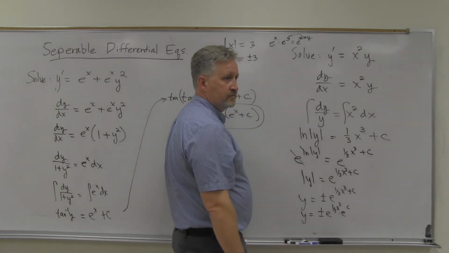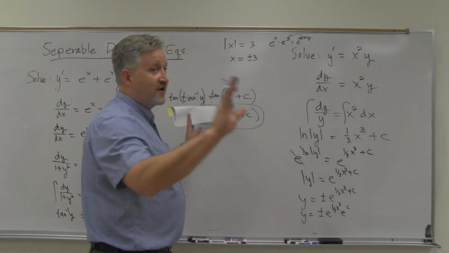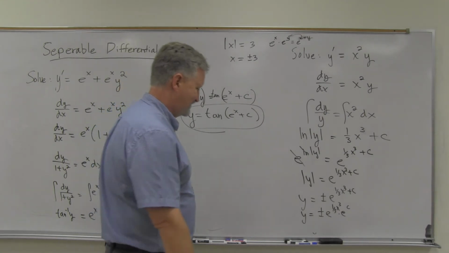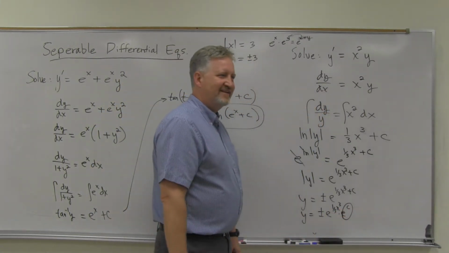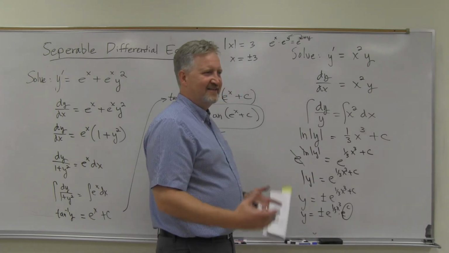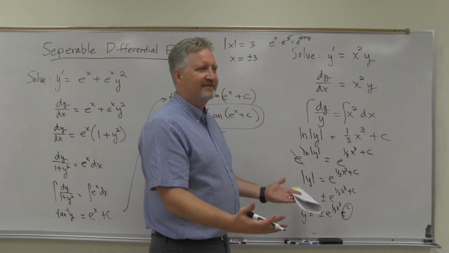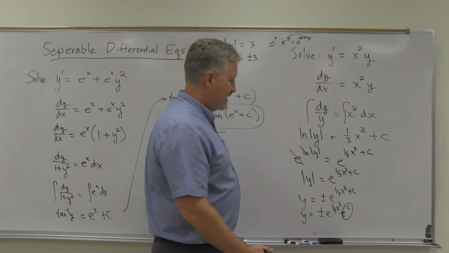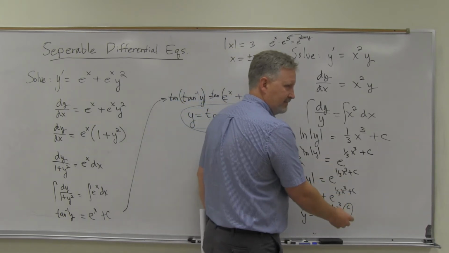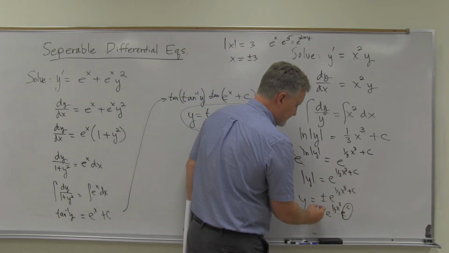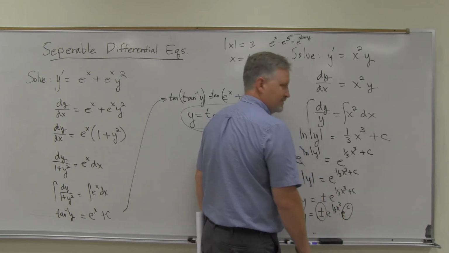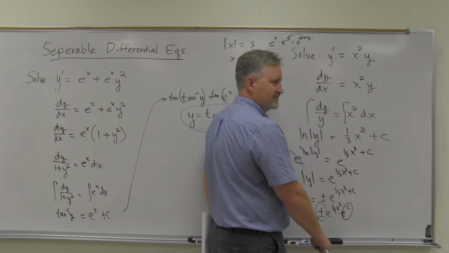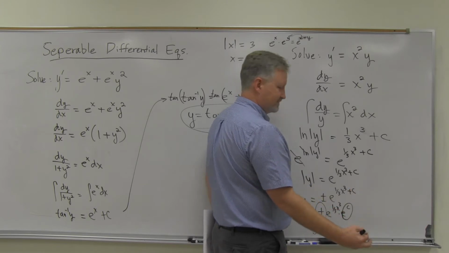With me there? Okay. Still not the answer they would give you, because e to the c is just another constant, isn't it? e to some power is just another number. So we could change that to k. And if I group the plus or minus together with it, that's still a constant.